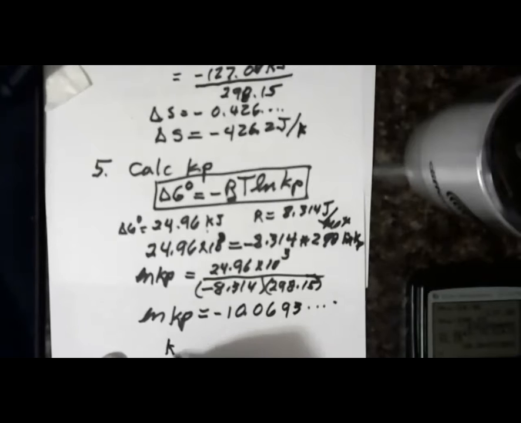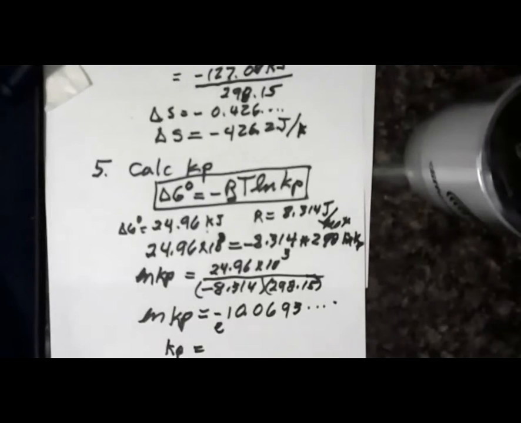So Kp is going to be e to this power. If I raise anything to the e power, it gets rid of the ln over here. So it's going to be second function on my calculator, second answer has my number in it. And if I push that, I should get a number.